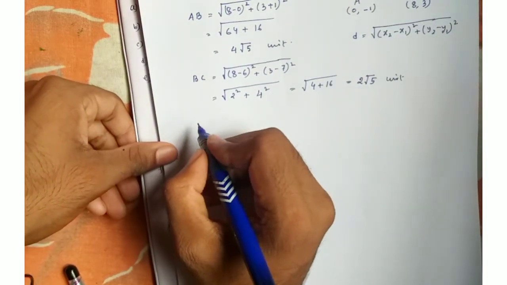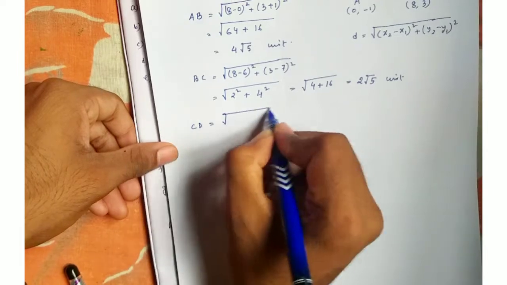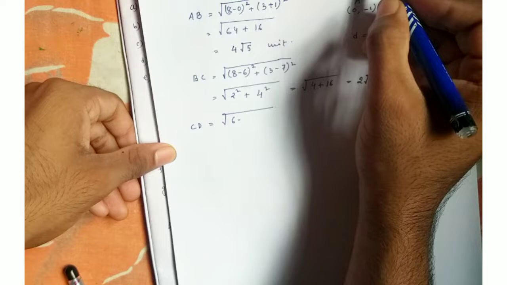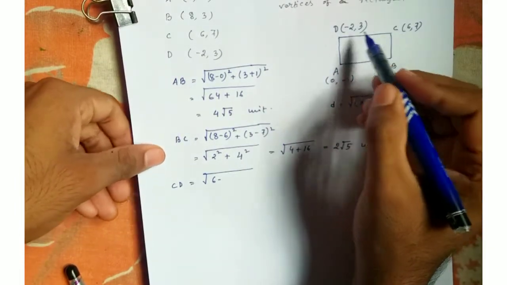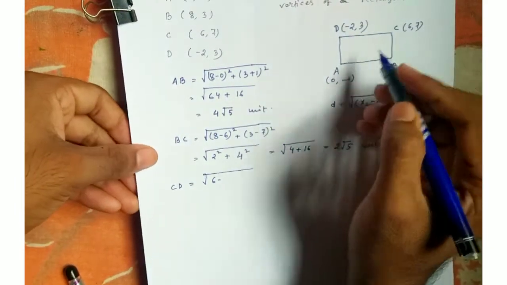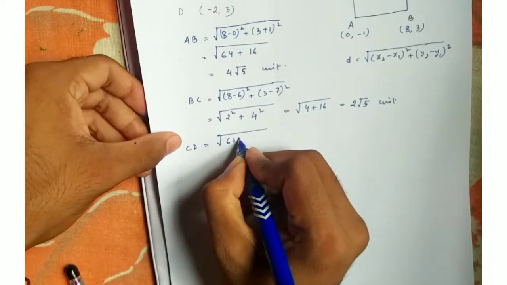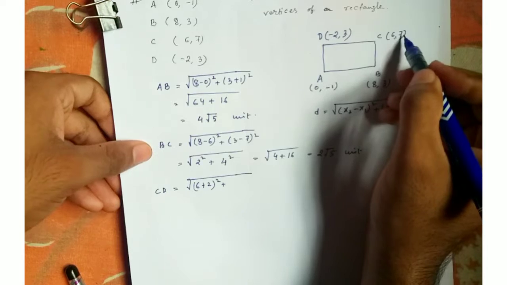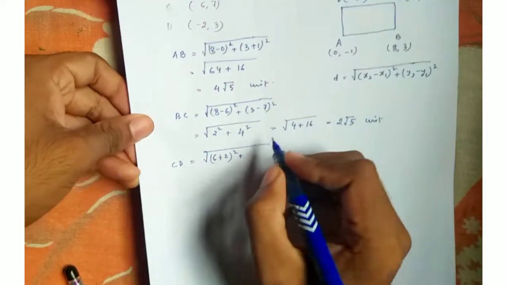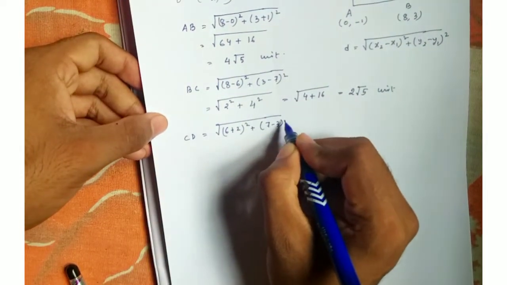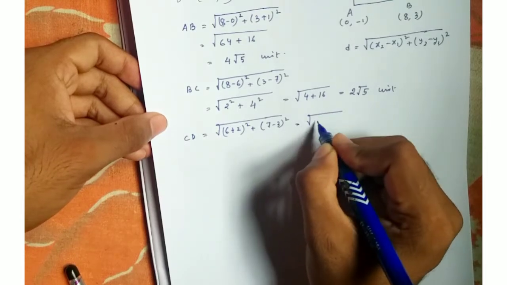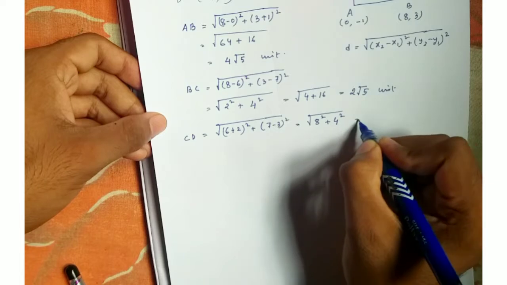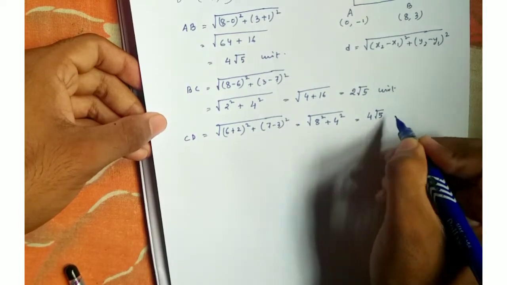Likewise, CD is (6 minus of minus 2), it will be 6 plus 2, whole square, plus (7 minus 3) whole square. It will be 8 square plus 4 square, that is 4 root 5 unit.